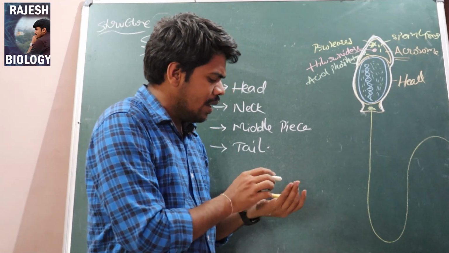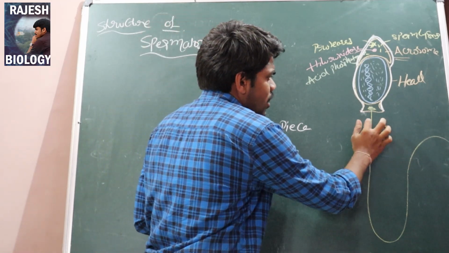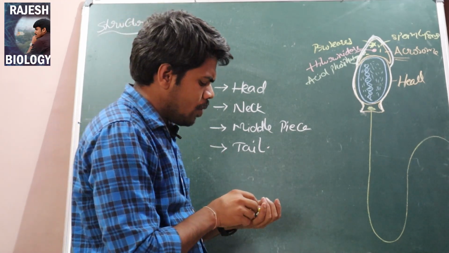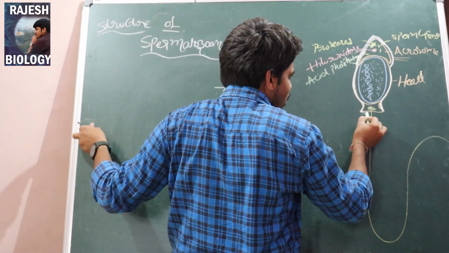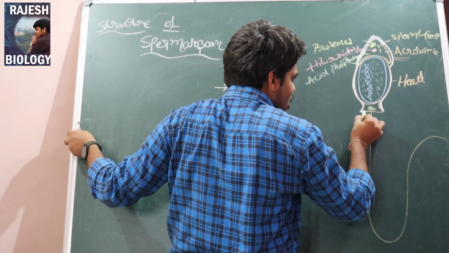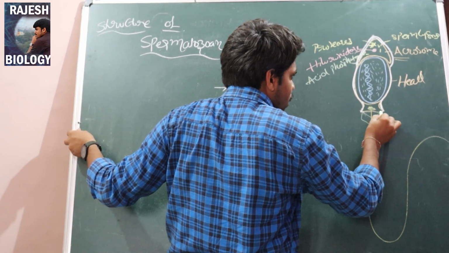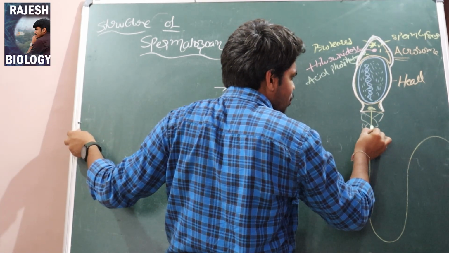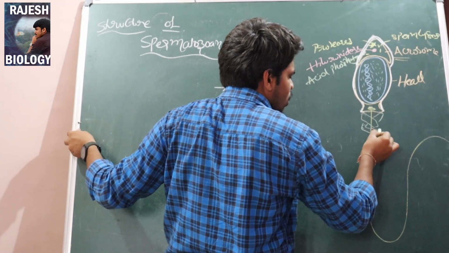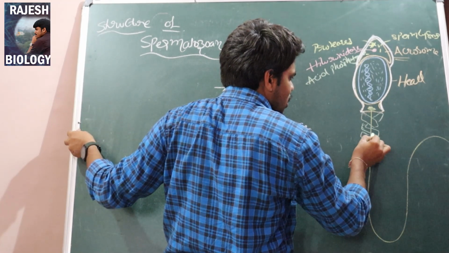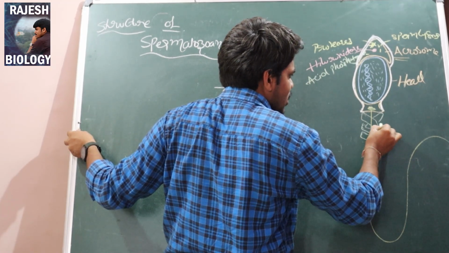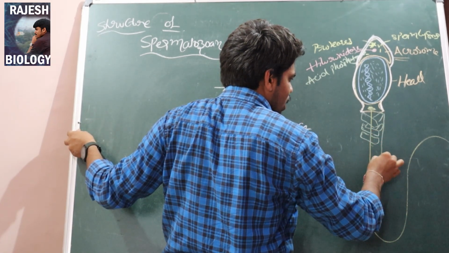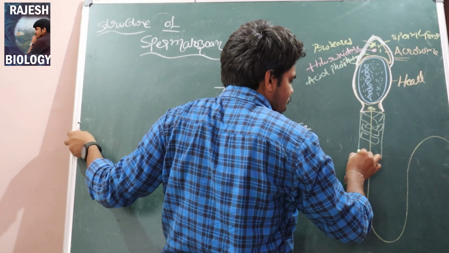Now come to the middle piece. This axial filament is surrounded by numerous mitochondria like this. These mitochondria help in providing the energy. Mitochondria are the energy source, and they are arranged in a circular manner.